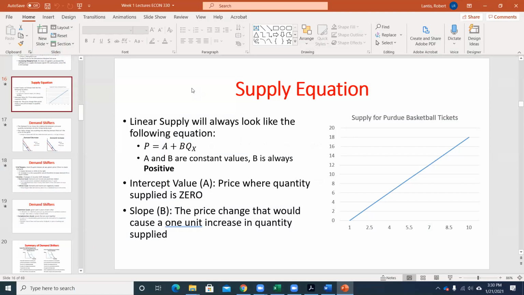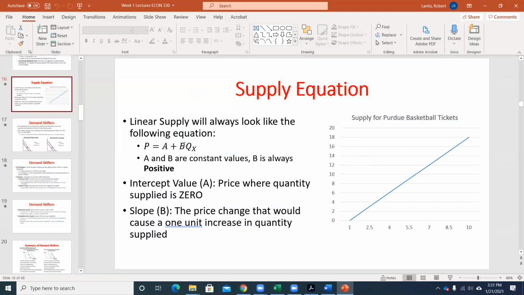Let's start where we left off last class. We were talking about the supply and demand curve. We said we can think of the supply curve as representing the marginal cost at each quantity, and the demand curve as representing marginal benefit at each quantity, right? What we're trying to understand with the supply and demand curve is the relationship between price and quantity supplied.